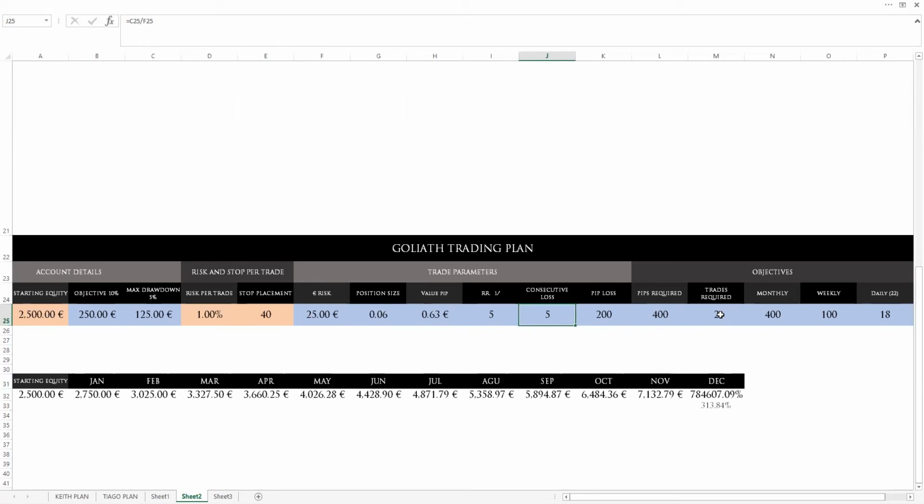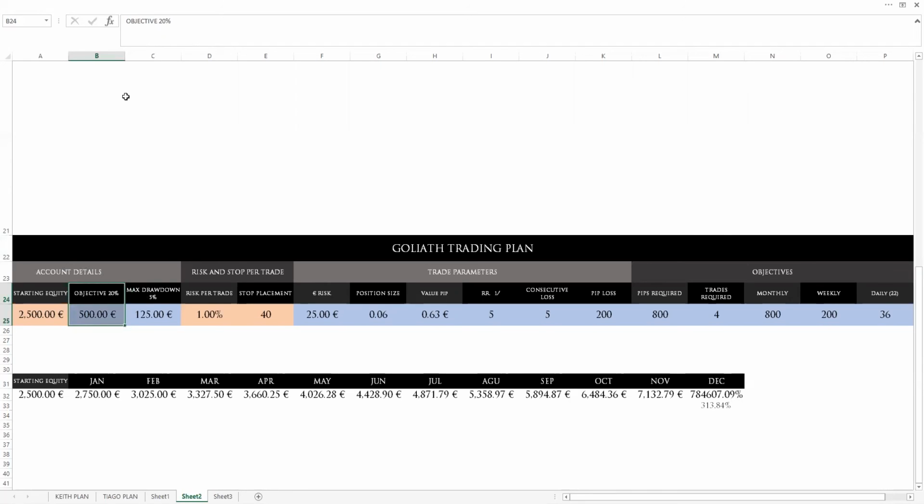And so I'm looking to make 400 pips a month, 100 pips a week to achieve these 10%. So that's quite doable. Though I'm defining this as a low objective, because I don't want to create false expectancy with those that want to join the fund.